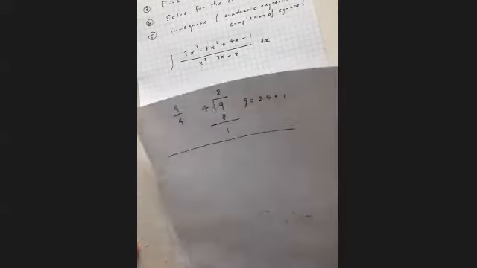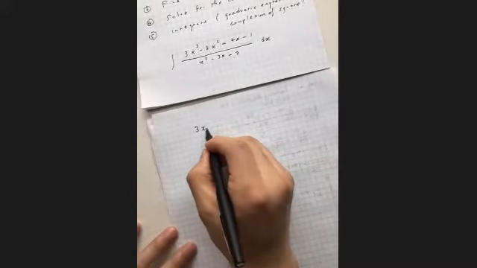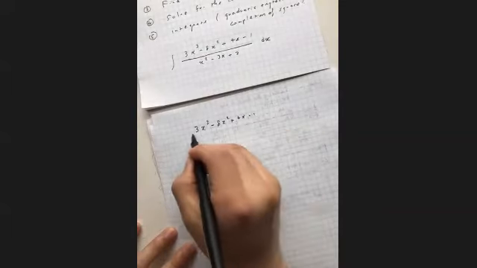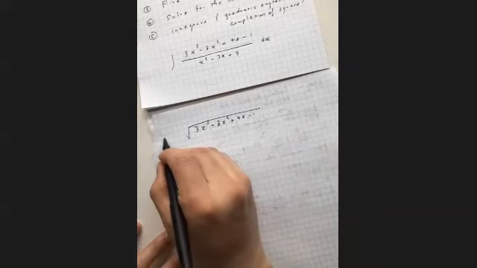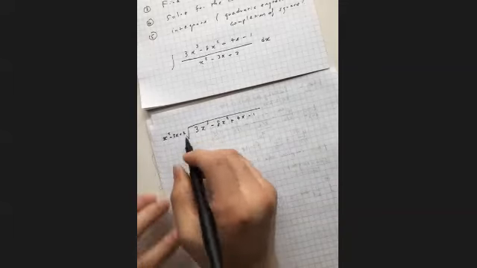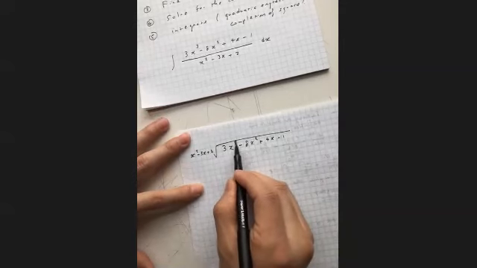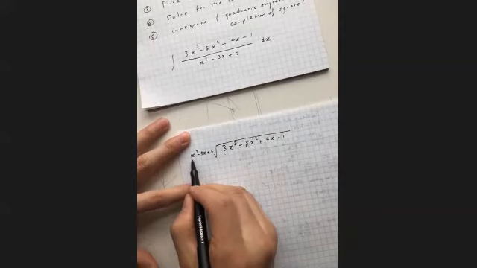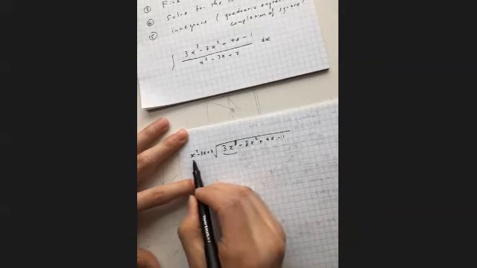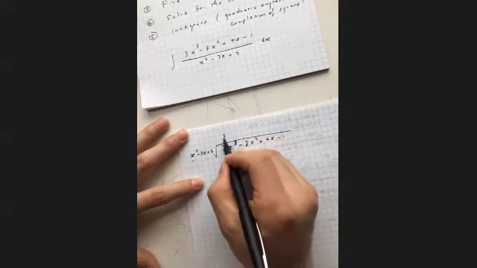So with that said, how do we divide this polynomial? We have 3x cubed minus 8x squared plus 4x minus 1 divided by x squared minus 3x plus 2. To cancel out the first leading term, which term should be multiplied to the denominator? It is 3x.